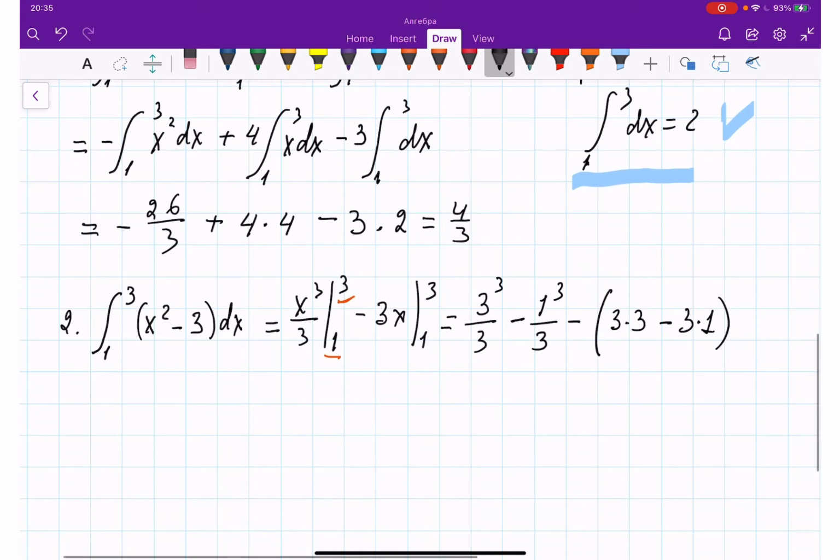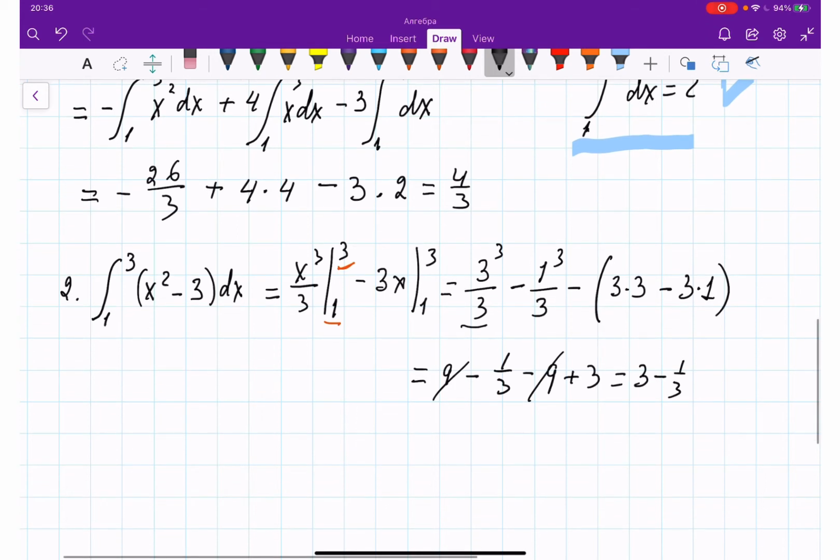And we are getting 27 over 3, which is 9, minus 1/3, minus 9, and plus 3. 9 minus 9 is gone, so we get 3 minus 1/3, which is 2 and 2/3.